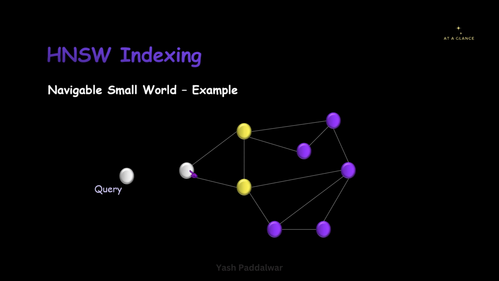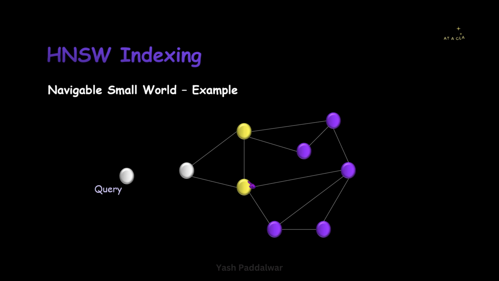We'll check which one is smaller. If the similarity between the query vector and the current node is smaller than the similarity between the query vector and this neighboring node, then we can clearly say that this neighboring node is more similar than the current node. So we can simply name this neighboring node as the current node. But before doing that, we also have to look at the other neighboring nodes.